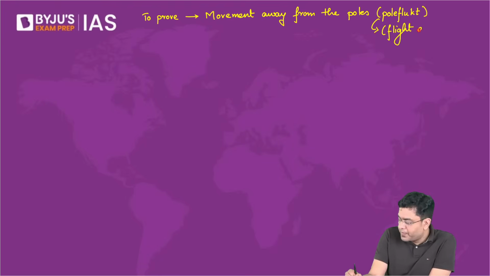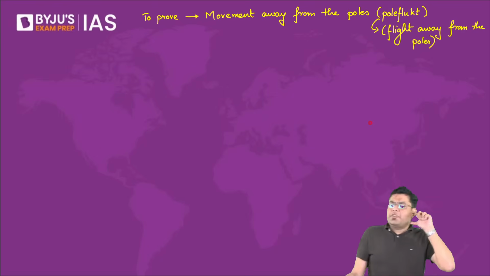This is what he cited as Polflucht in German, or the exact English translation would be flight away from the poles.